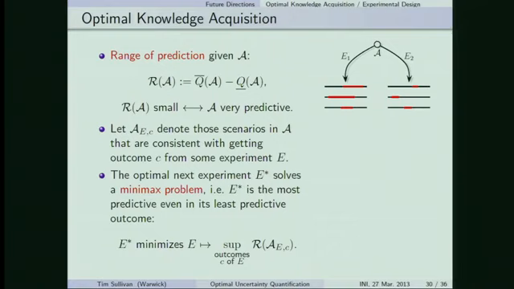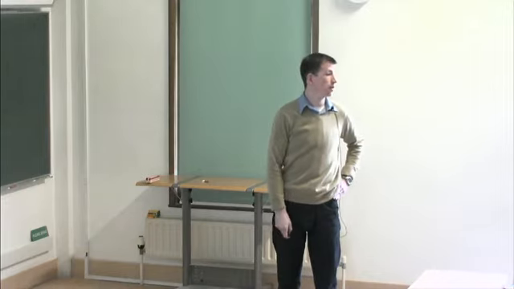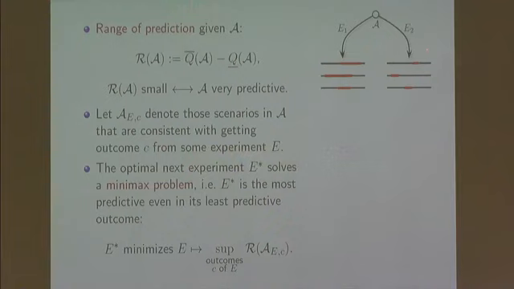Well, the trouble is that if I run experiment E1 and happen to get this outcome, my prediction interval is going to be terrible. Whereas no matter what outcome I get from experiment E2, I get a new pretty accurate prediction.